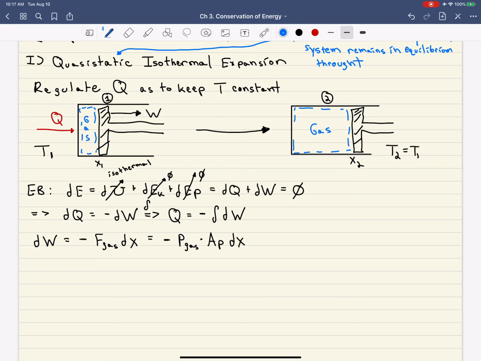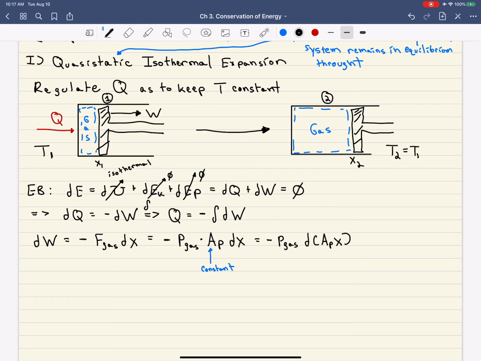Now, here, we know that nothing about the piston itself, nothing about its properties, is changing. So the area of the piston that the gas is acting on, we could say that this is constant. And because it's a constant, that allows us to just move it around all over the equation. And so what we're going to do is take that area constant and put it inside of the differential.